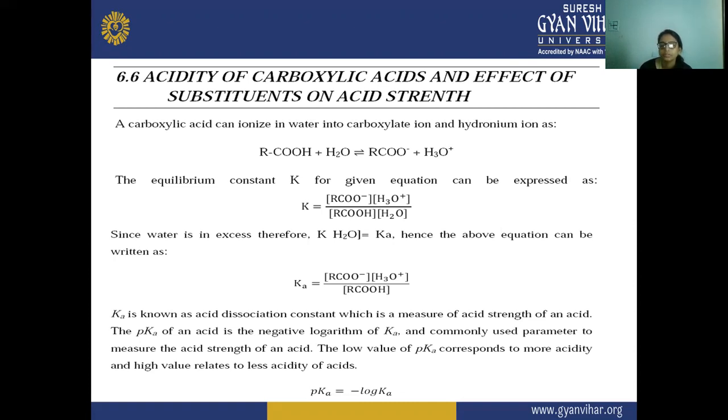The pKa of an acid is a negative logarithm of Ka, a commonly used parameter to measure the acid strength of an acid.